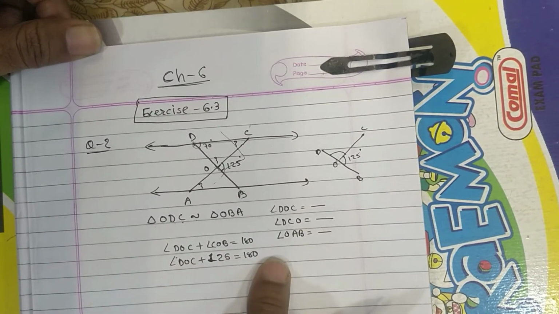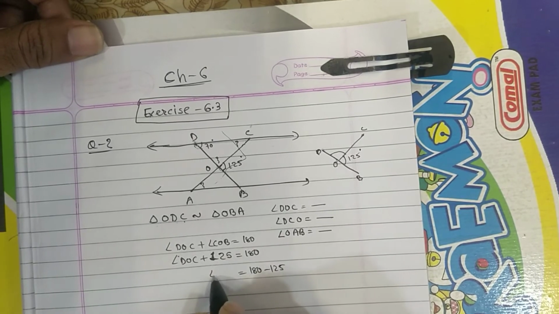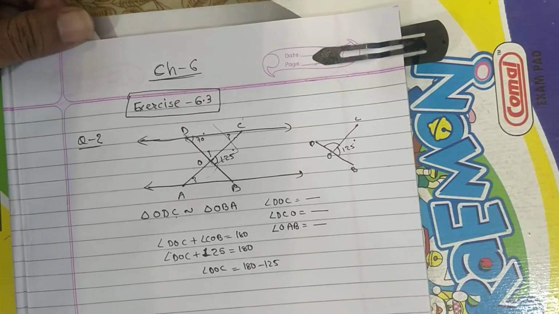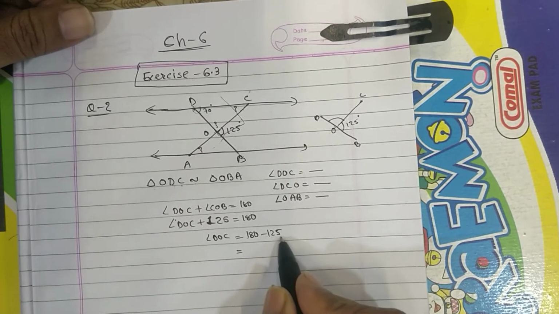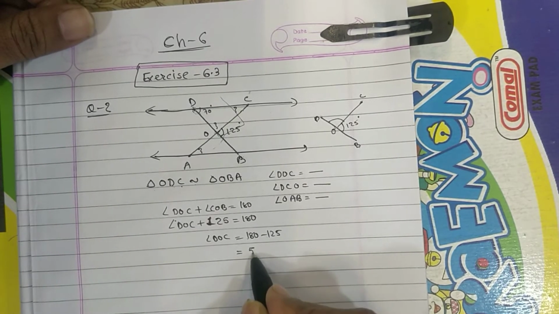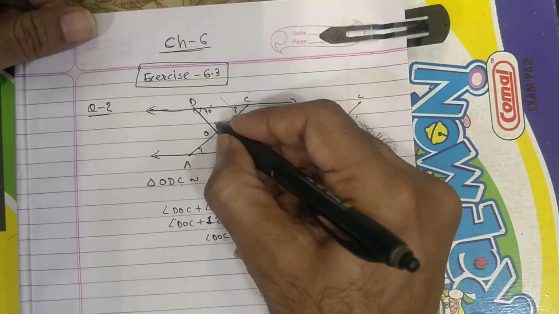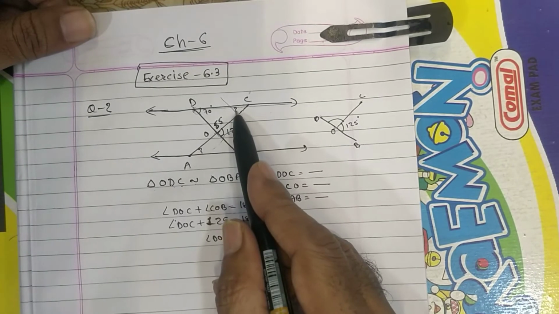So plus will be transferred to the right side, it will be minus. So angle DOC is 180 minus 125. So 180 minus 120, answer is 60. But again 5 should be subtracted. So 60 minus 5, it will be 55. So this angle is 55.